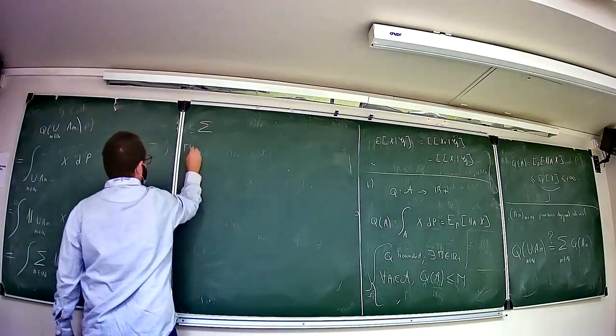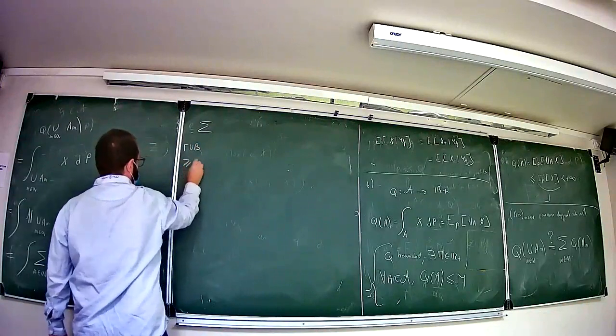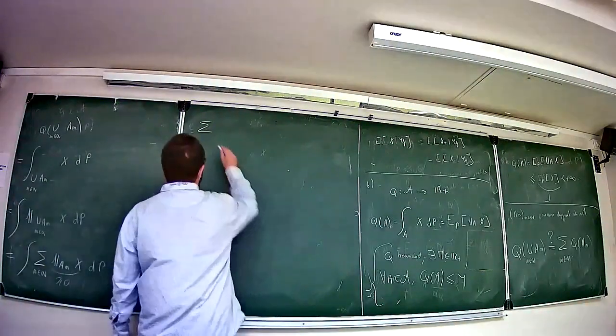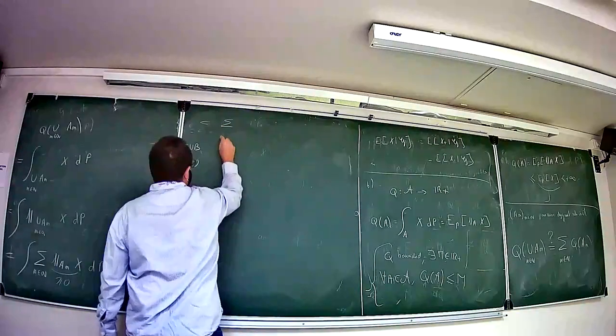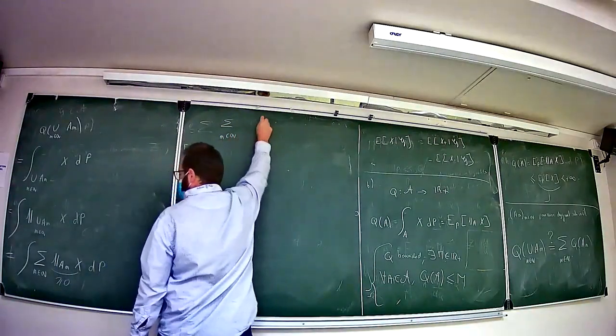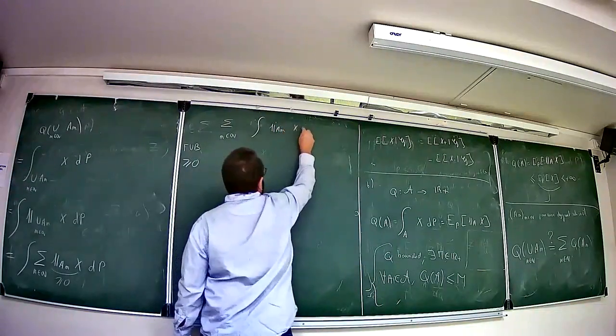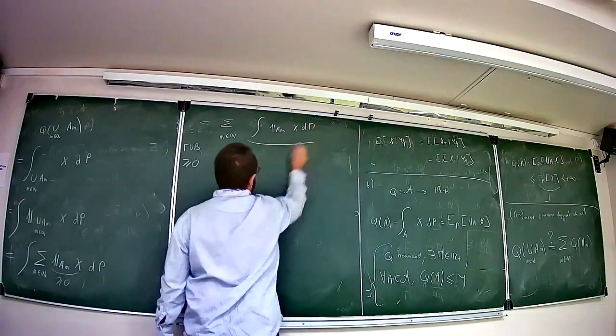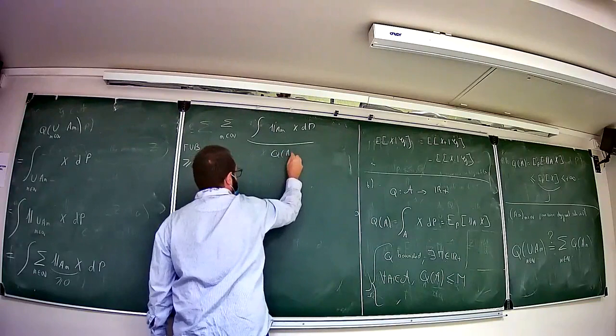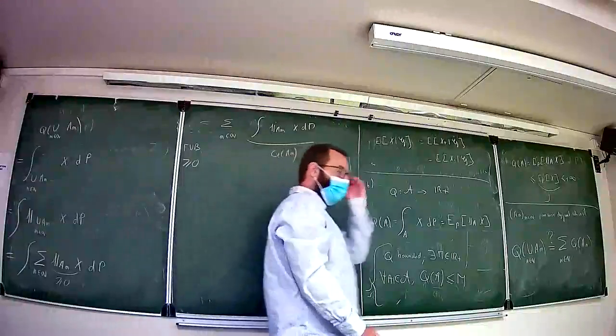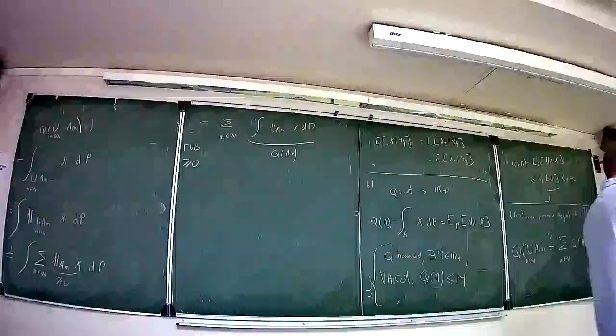So by Fubini-Tonelli for positive functions, it's the sum of the integrals, and by definition, it's just the sum of Q of A n. So you have here something that is sigma additive.